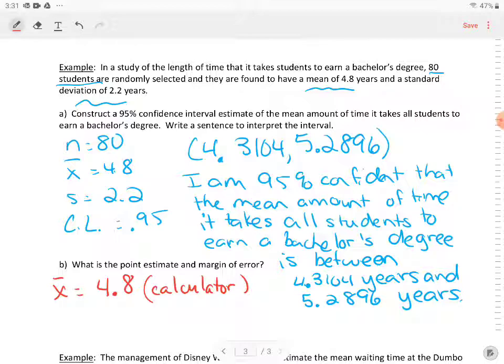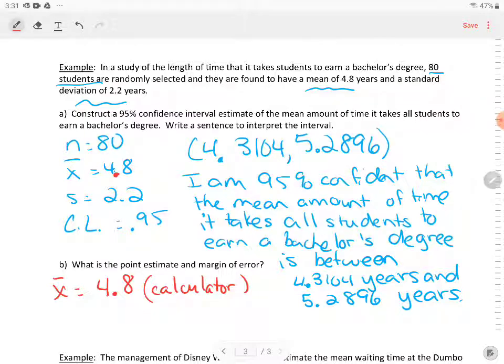So a lot of this is reading and picking out your data. So we knew that either from the calculator. Also, if you remember, the point estimate is 4.8. So it was actually given up here. That is your point estimate. Or it comes off the calculator. Or we can average it.